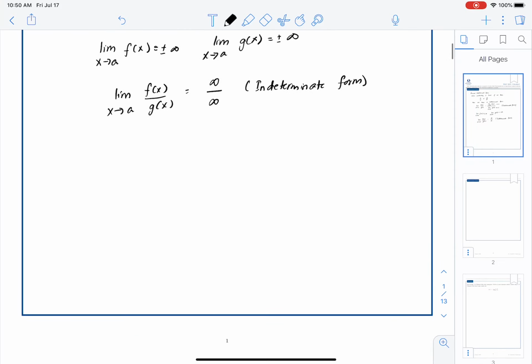We also have indeterminate form in product. Consider 0 over 0, which is an indeterminate form.